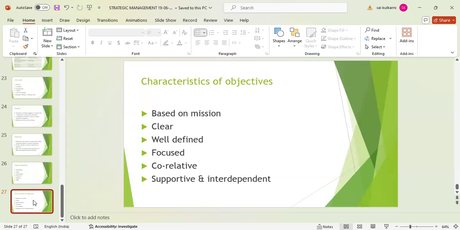Now we have completed basic concepts, then strategic intent. In the strategic intent, be very clear. In strategic intent, you have to study the organization and the environment. How can you study that? First of all, you have to know the vision statement, then the mission statement, then the core values of the organization, and then the objectives of the organization. Okay.